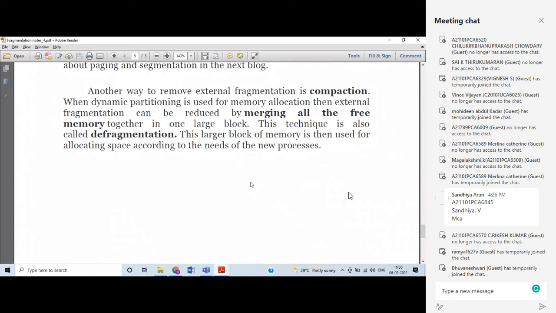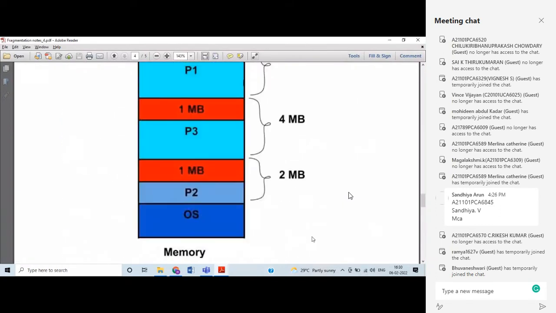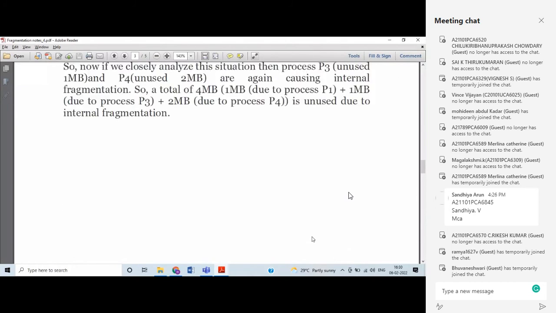The second solution is compaction, which is nothing but merging all the free spaces into a single space. This technique is also called defragmentation. So these are the solutions for external fragmentation.